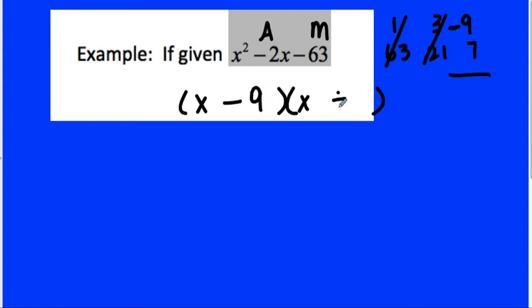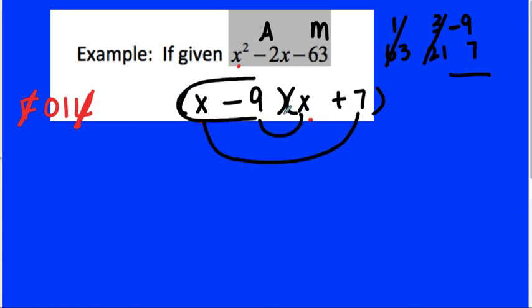One way I always like to check myself is I like to look at the O and the I of FOIL, because I know that x times x gives me x squared, so I don't have to worry about the first. And I know that -9 times 7 gives me -63, which is the last. It's the O and I I always want to make sure I've done right. So I connect the inner terms and the outer terms.